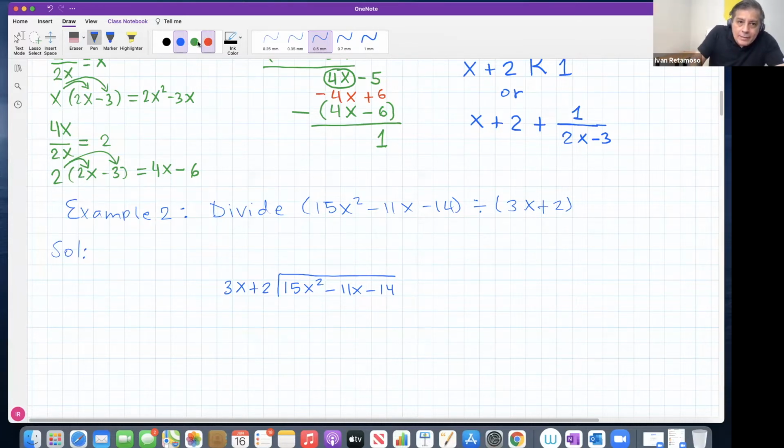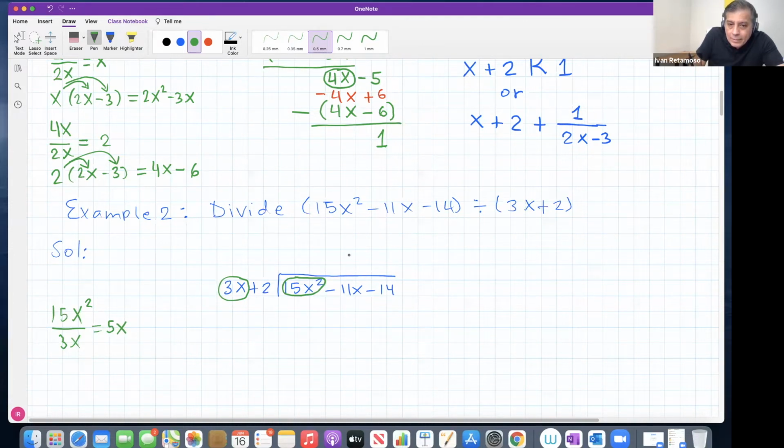It all starts by taking the first term of the dividend and dividing it by the first term of the divisor, right? So you're gonna do 15x squared over 3x. 3 into 15 is 5. X into x squared is x. This 5x must be written here, but it has a place.